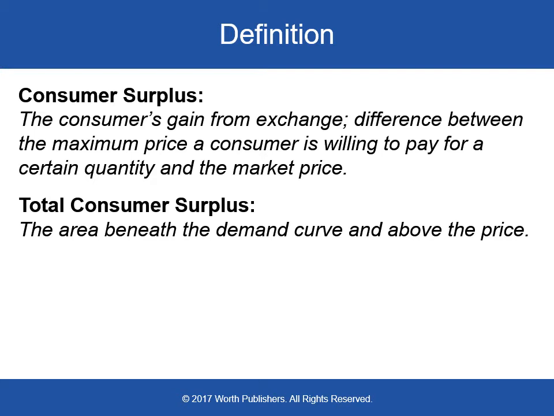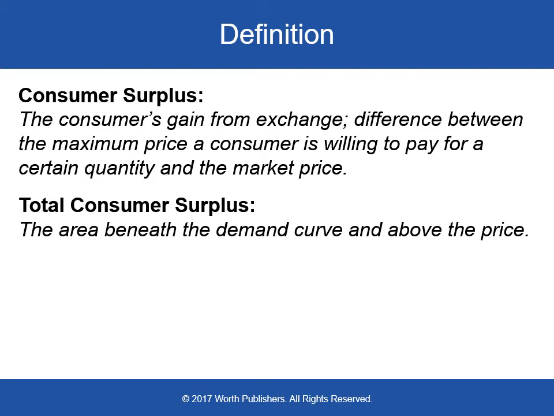Now, if we take the demand curve and look at all the values that all the different buyers would put on purchasing a good, and there is a specific market price that's reigning at this particular point in time, if we add up all the consumers who are paying below what they would be willing to pay, that is total consumer surplus.